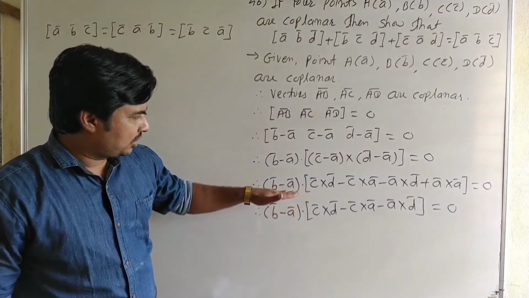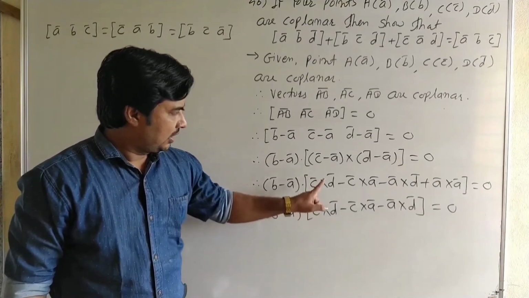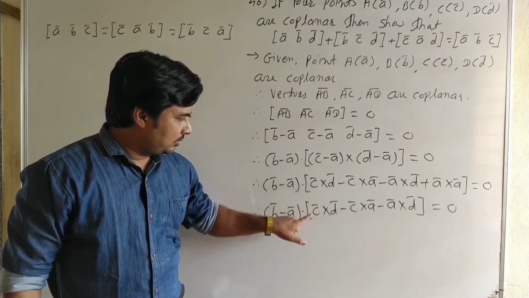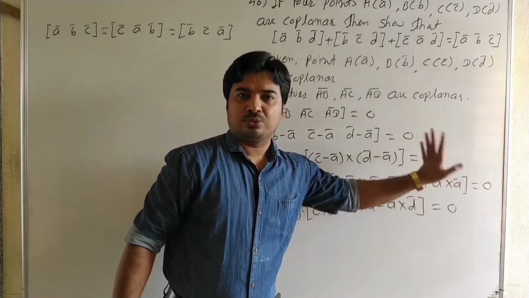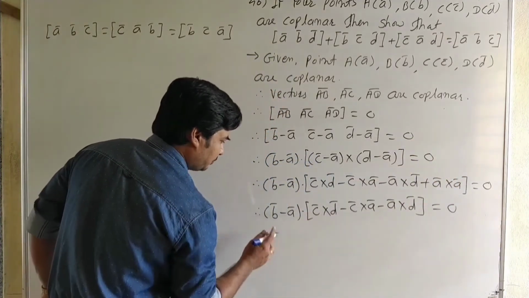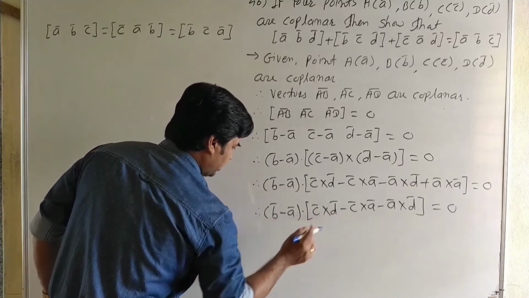Here it is the first step and then the second. From this step we can write this. Here the only change is A bar cross A bar is 0. Now again multiplication, B bar dot this term, this is one vector C bar cross D bar.